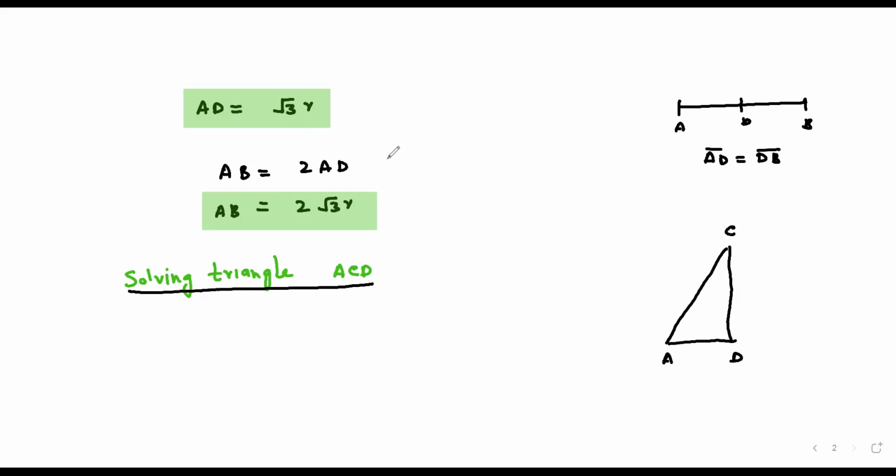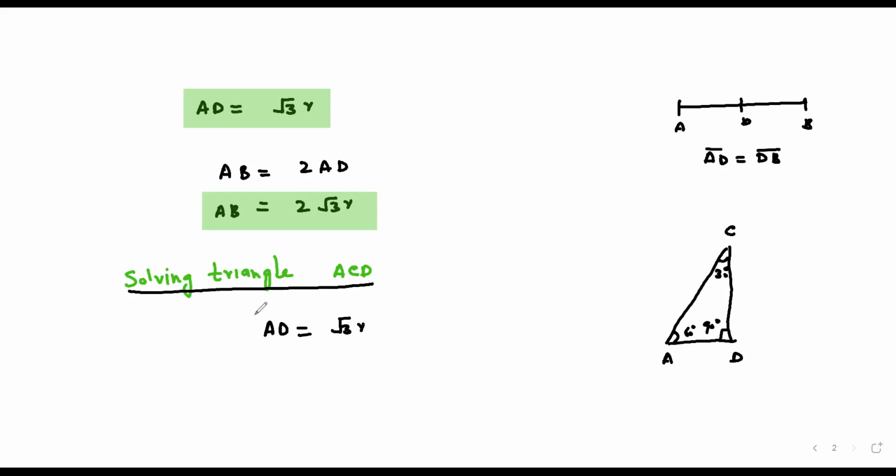You know the value of AD. The value of AD is equal to square root of 3R, and this angle is of 90-degree, and this angle is of 60-degree, and this angle is of 30-degree.